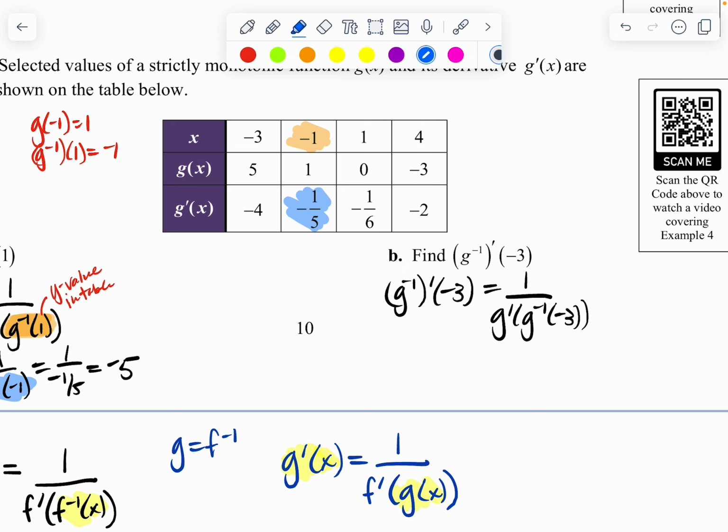G inverse of negative 3 is actually 4. All right, so that gives us 1 over g prime of 4. And then we're down in the same column right here. G prime of 4 is negative 2. So this is 1 over negative 2, sorry. And that is our final answer.